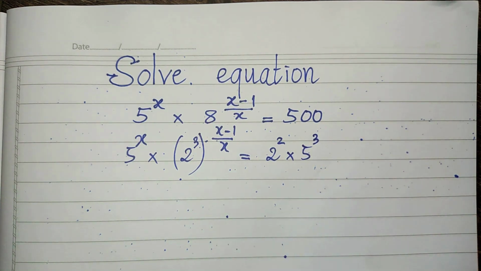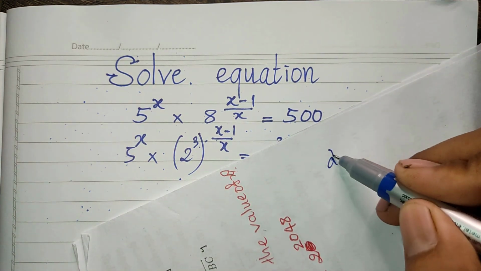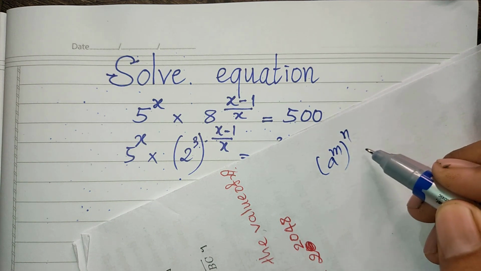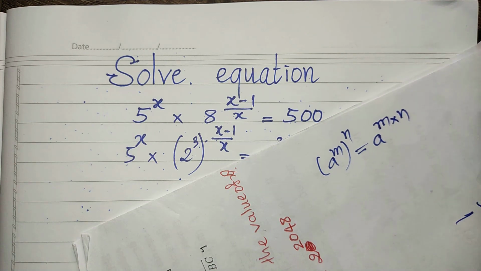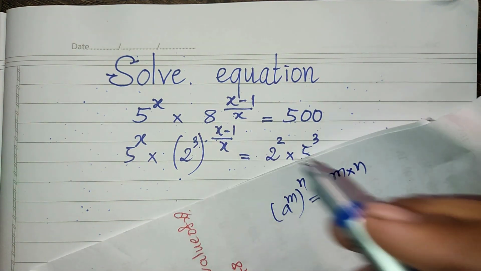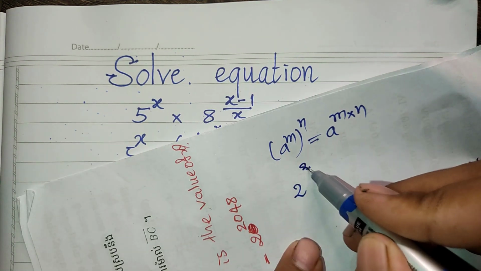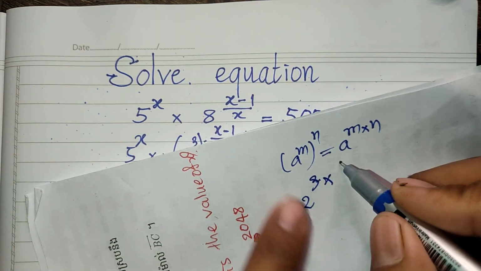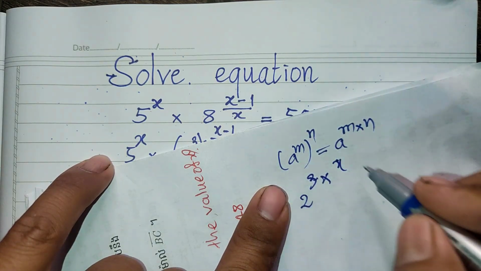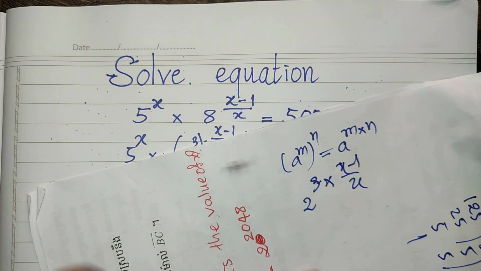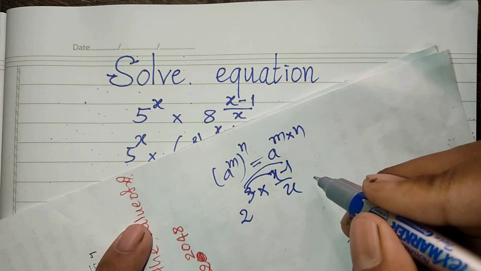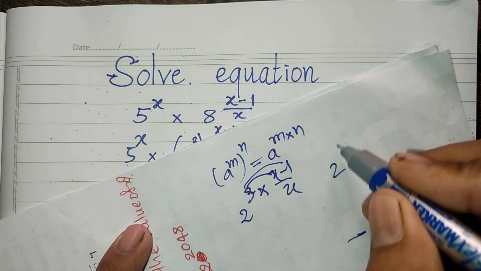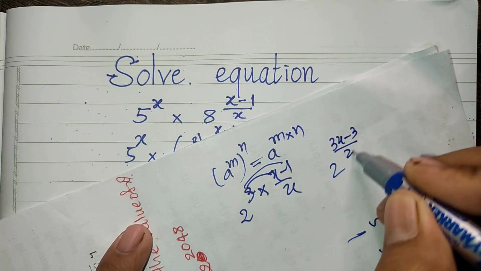Now we use the formula that a power m, all power n, is equal to a power m multiplied by n. So we get 2 power 3 multiplied by (h minus 1) divided by h, which is 2 power (3h minus 3) divided by h.